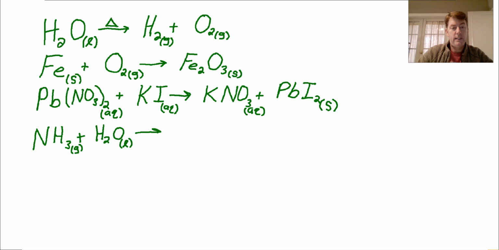Now here is an example of when we have a double arrow. This is a reversible reaction. What it will make is ammonium hydroxide. And this is aqueous. This is dissolved in water.